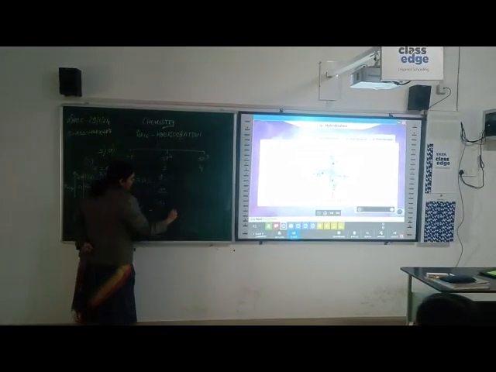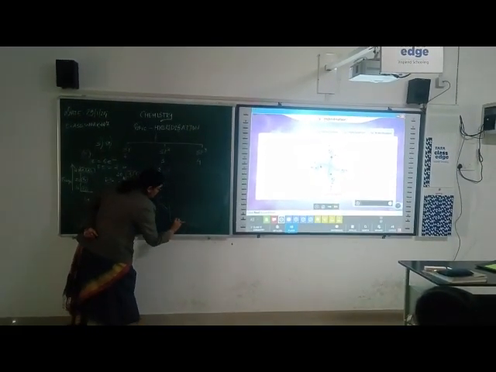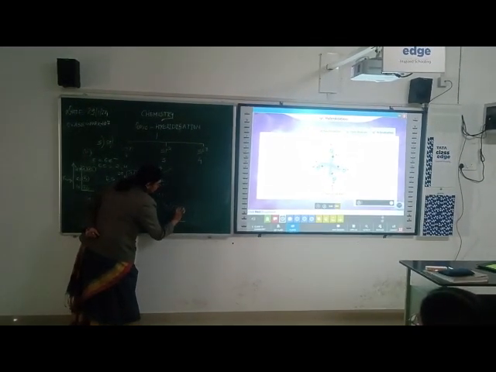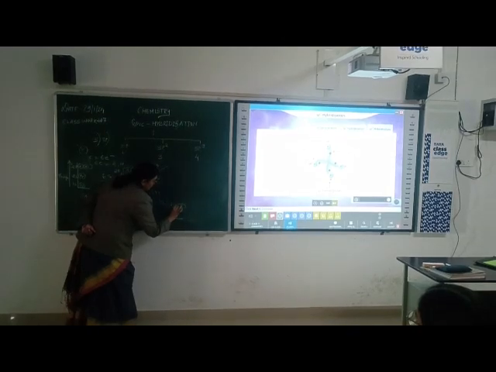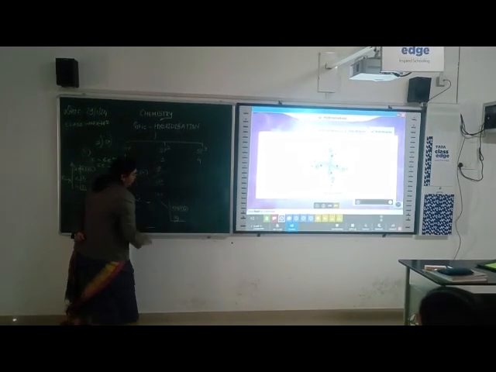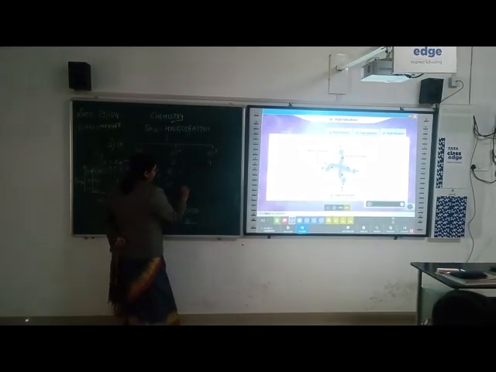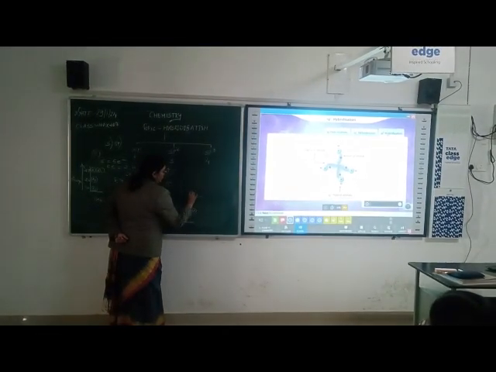So in sp3 hybridization, you have to draw the diagram like this. Am I right? Say yes or no? Yes, ma'am. And in sp2, which type of diagram do you have to draw?